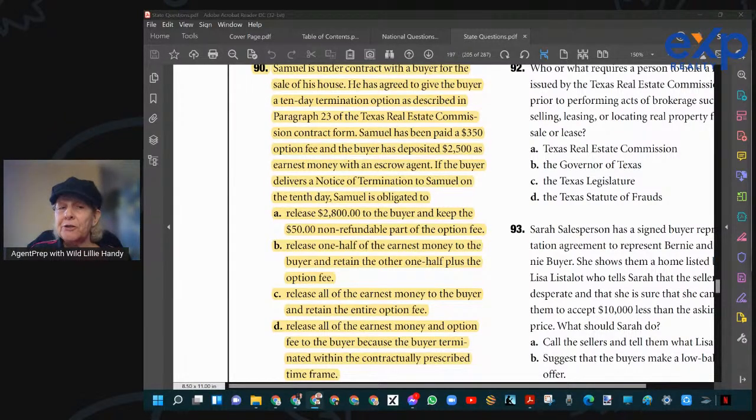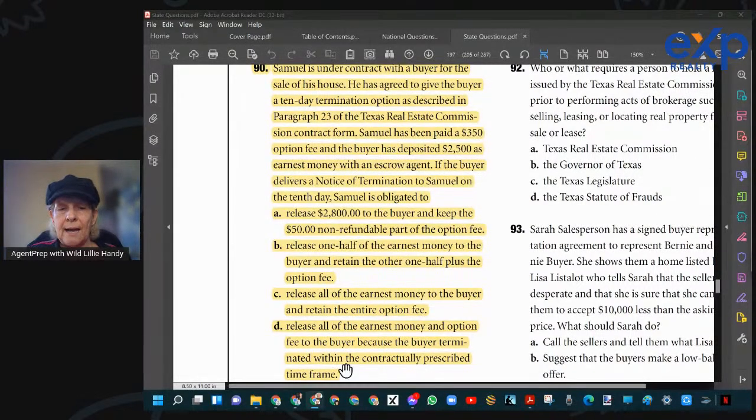And that buyer terminated within the acceptable 10-day period. So if they did it within the right timeline, is their earnest money at risk? No. However, what happened to the other fee? It's an option fee. They paid to have a 10-day period to do inspections, right?